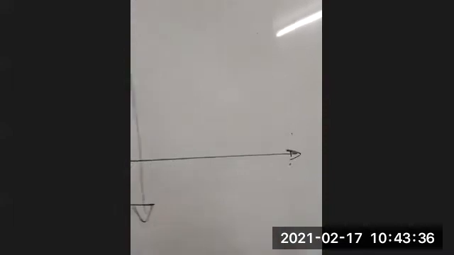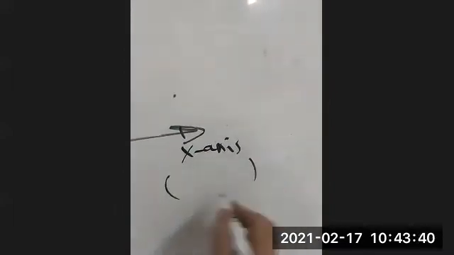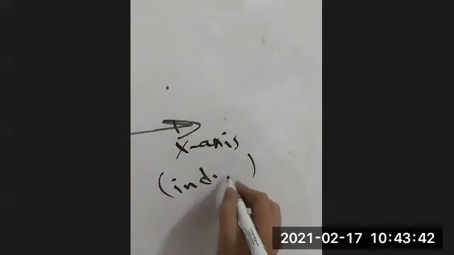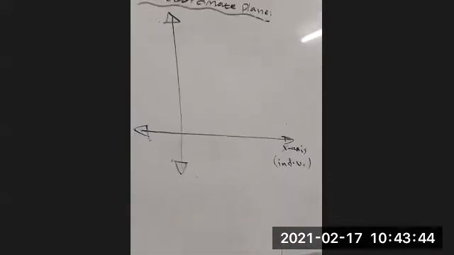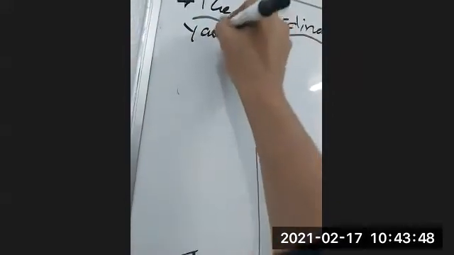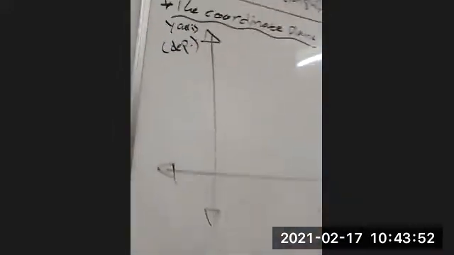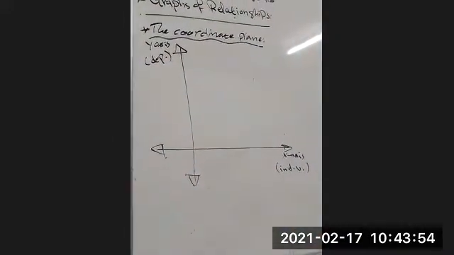The horizontal one, we call it x-axis, and it's always the independent variable. The vertical one, we call it y-axis, and it's always the dependent one. Now this, we call it coordinate plane.